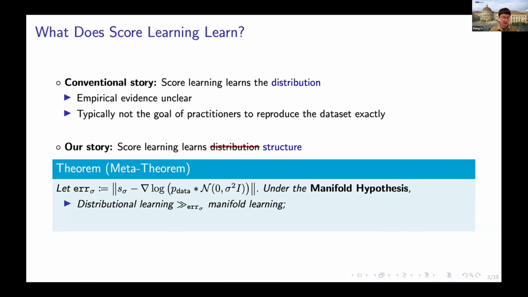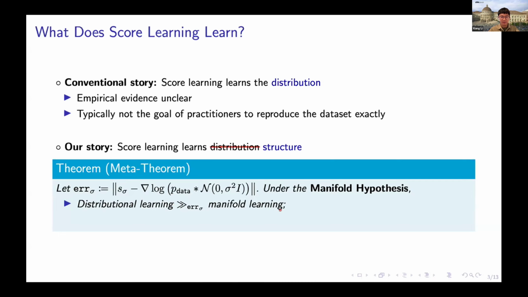And we discovered that distribution learning is much harder than manifold learning in terms of your score error. Basically it says that unless your score is very accurate, you cannot recover exactly the distribution.